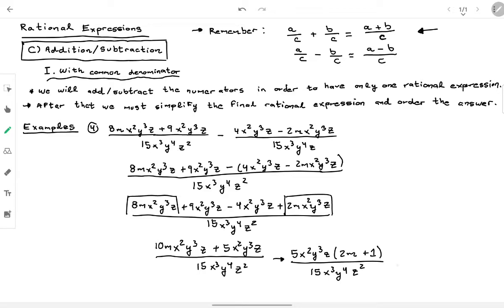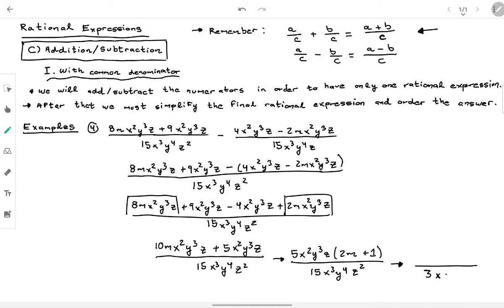So what will happen here? 5 and 15, we can simplify that, and it's going to be only 3 on the bottom, because 15 is 5 times 3, so the 5 with the 5 gets eliminated. What will happen with the x? It will stay on the bottom because it's x cubed minus x squared.